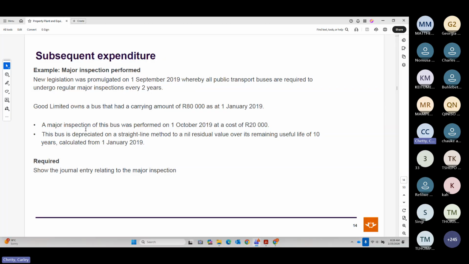A major inspection of this bus was performed on 1 October 2019 at a cost of 20,000 Rand. This bus is depreciated on a straight line method to a nil residual value over its remaining useful life of 10 years, calculated from 1 Jan 2019. Show the journal entry relating to the major inspection.